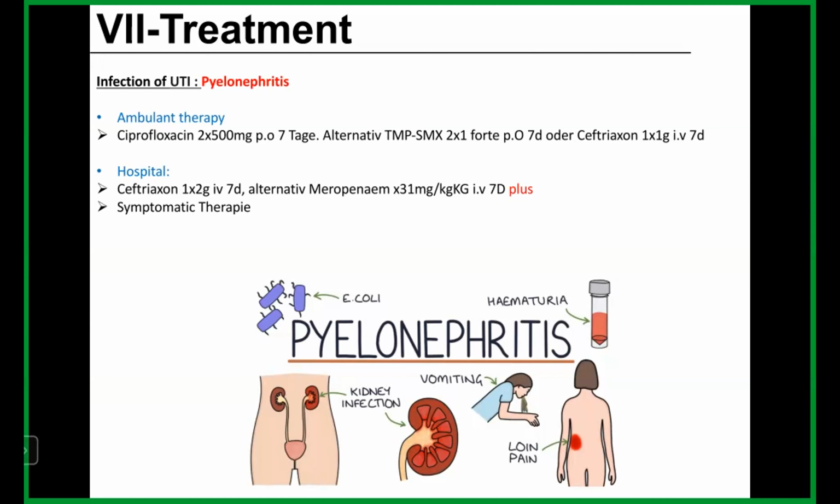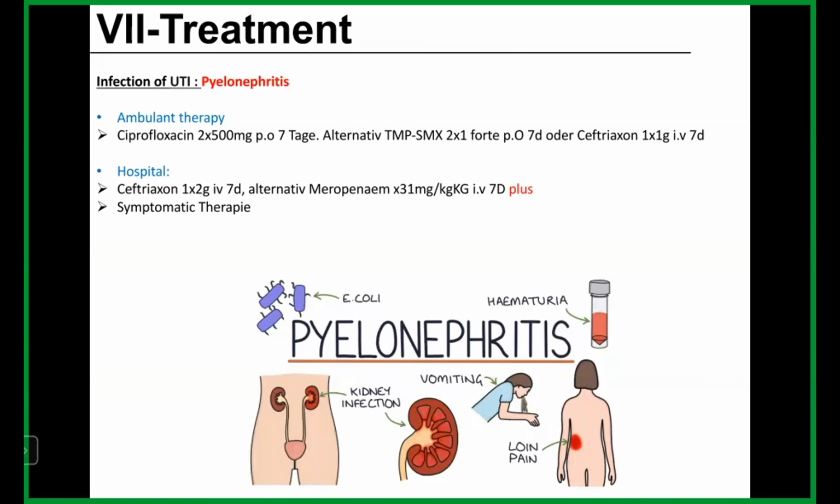For ambulant therapy, the patient must be in conserved general condition, with no confusion, able to drink and eat. The therapy is based on ciprofloxacin, 2 times 500 milligrams, 7 days.